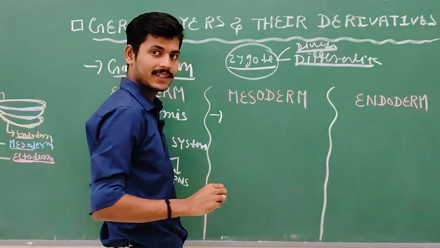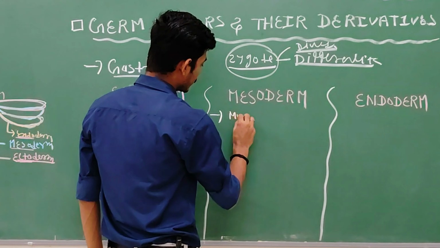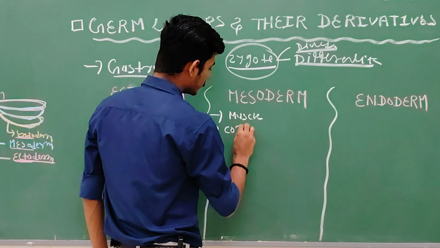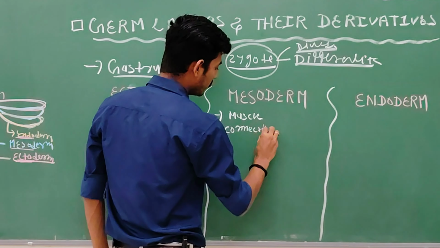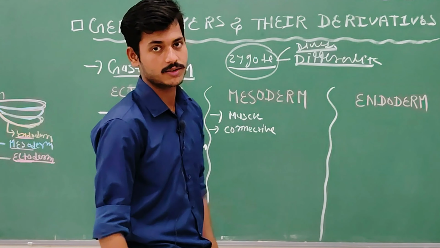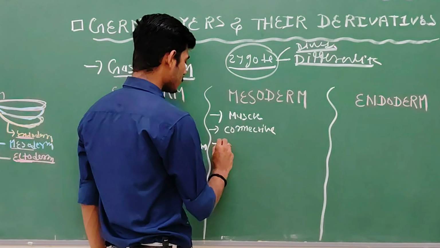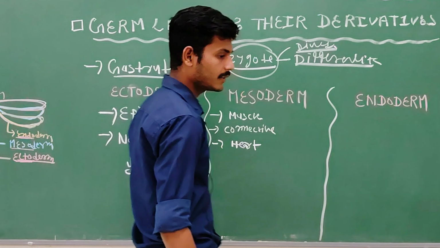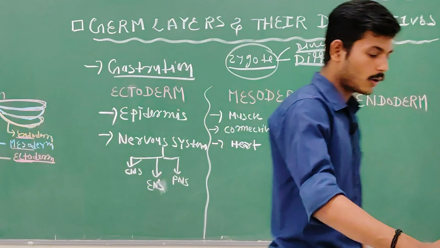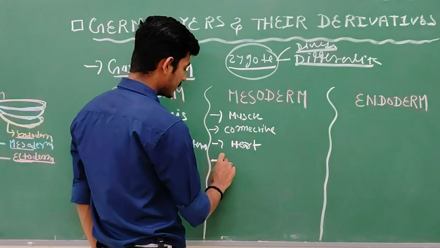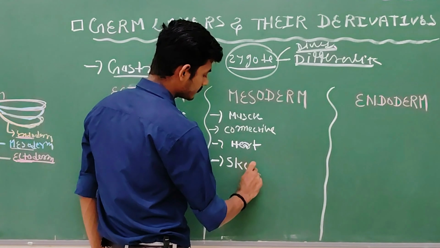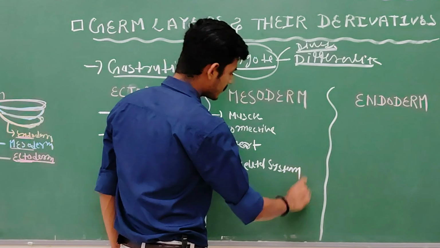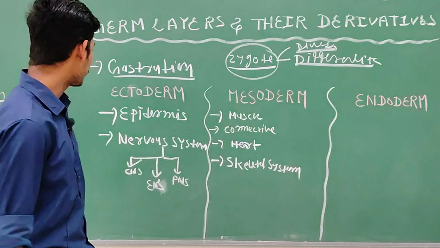From the mesoderm, the muscles are derived, as well as connective tissues. Blood is also mesodermal in origin, and our heart is also mesodermal in origin. Apart from that, all the bones, the skeletal system, are derived from the mesoderm.